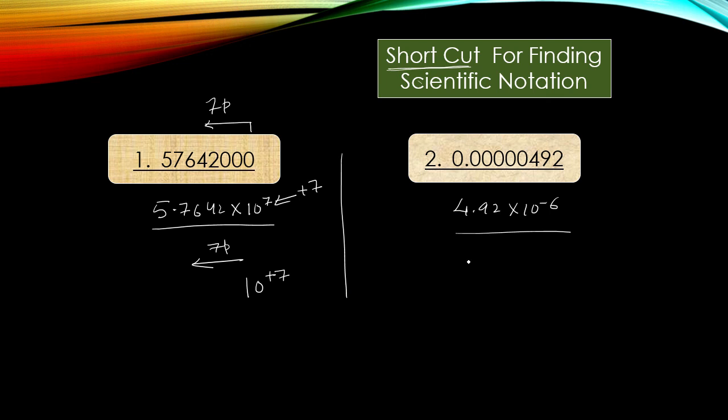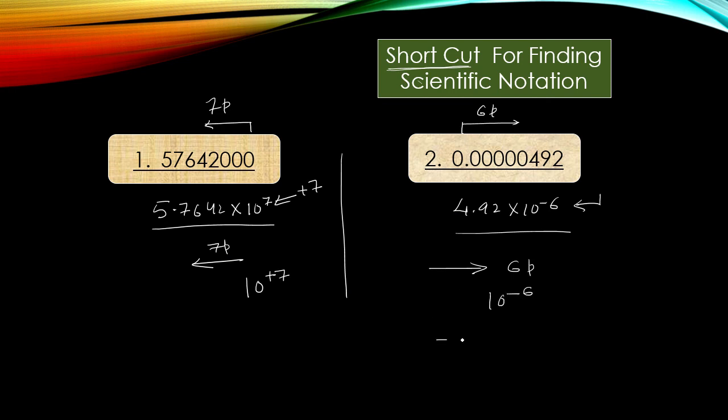Now short key for the next question. Here we are finding the decimal was shifted towards right side 6 places. So the index of the 10 is minus 6. Short key is that if the decimal is shifting towards right side 6 places, so the index of the 10 must be minus 6.